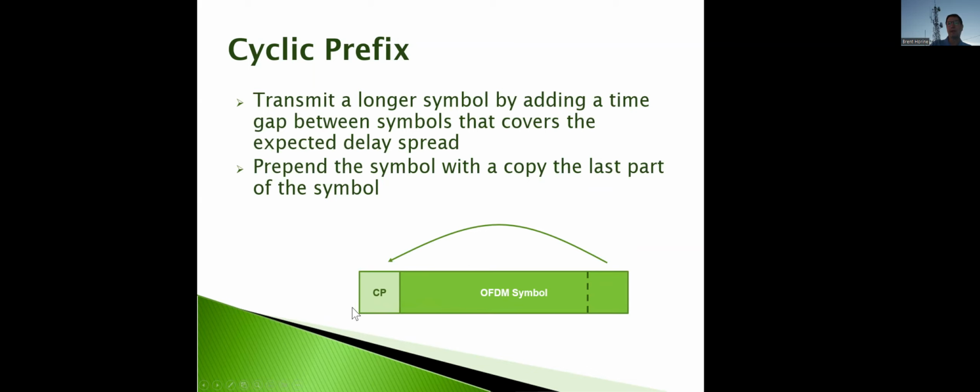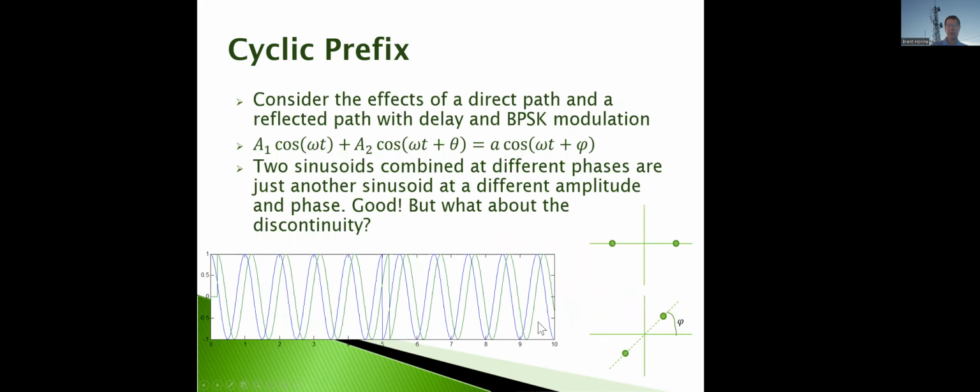So what does that mean? Well, we've got to form up this symbol first, right? And that's going to be produced via this IFFT, inverse Fourier transform. And we're going to go through this parallel to serial conversion, right?